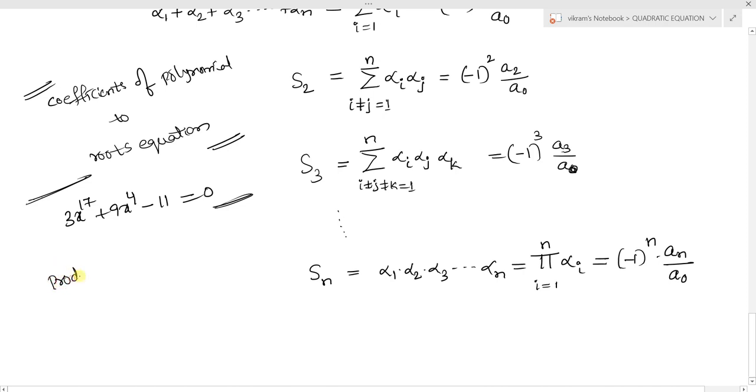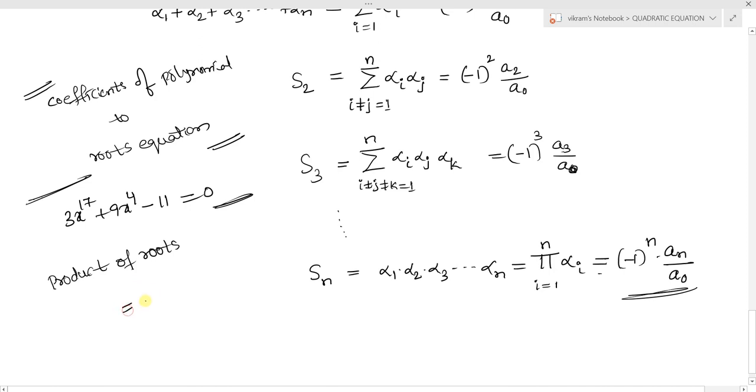How to find the product of the roots? The product of the roots is simply the constant term by the leading coefficient.